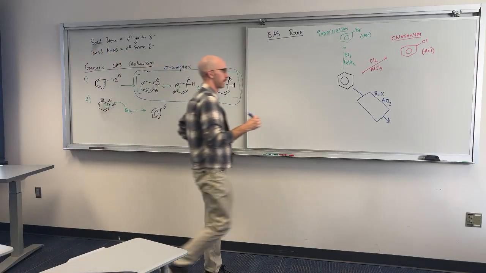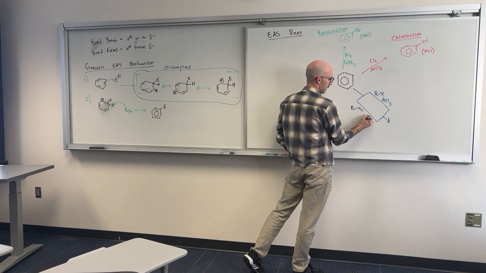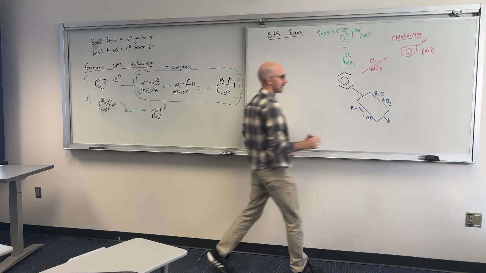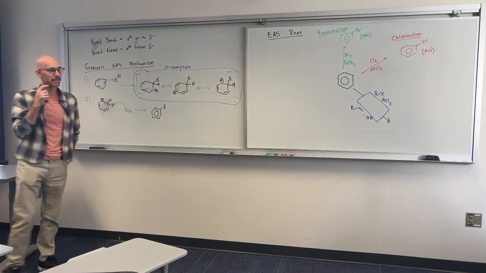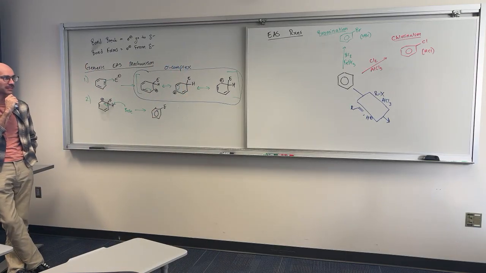Or you use some sort of alkene and acid. And that's an abbreviated alkene. I do want to make that clear. We're going to abbreviate it again a little bit more in a second. We'll show examples here.